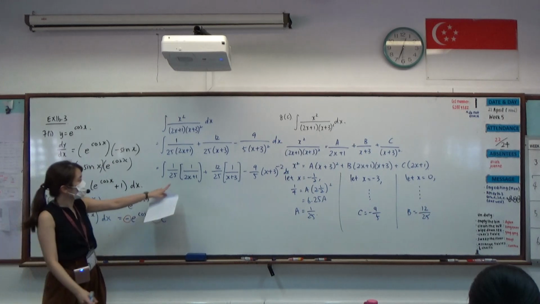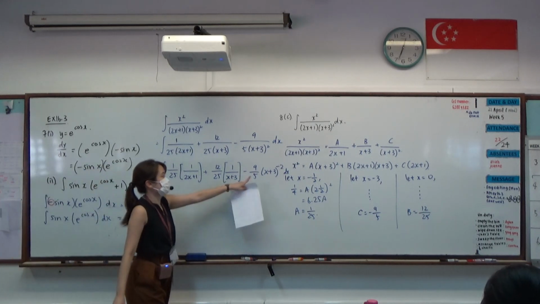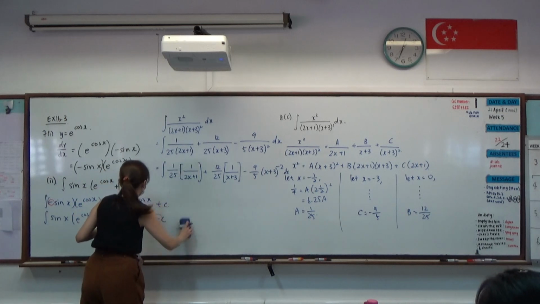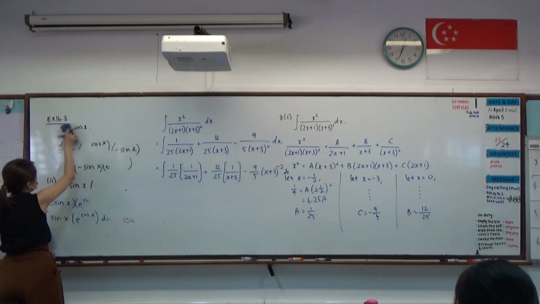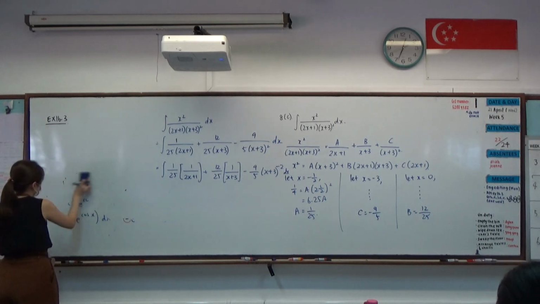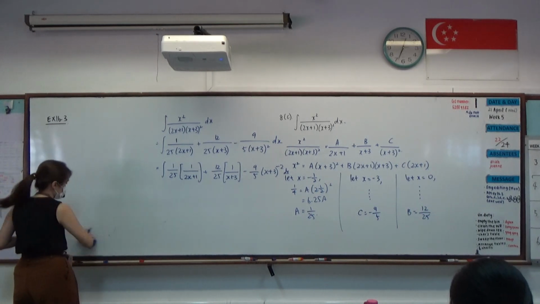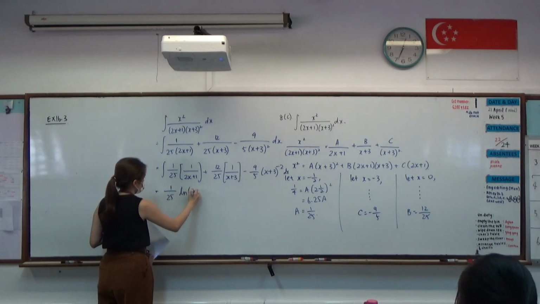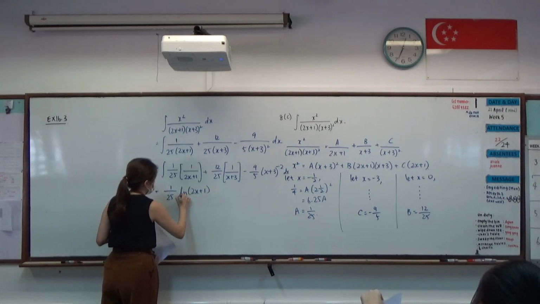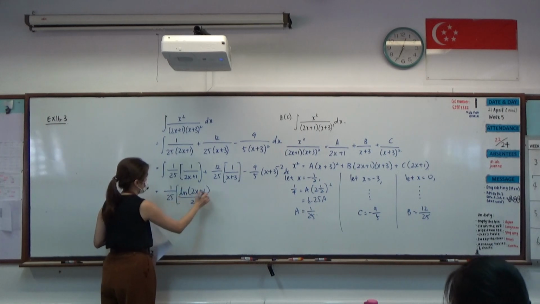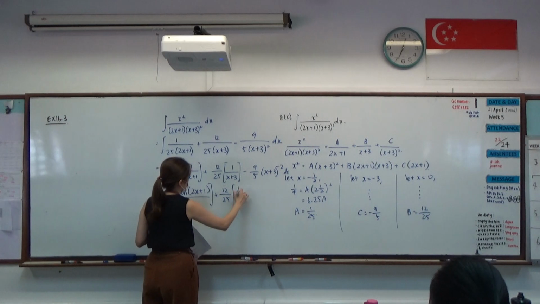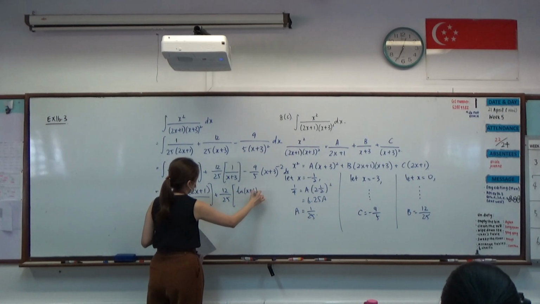So the first two fractions will become your ln, but this one we just use our usual power rule. So we would get our 1 over 25 ln 2x plus 1 over 2, plus 12 over 25 ln x plus 3.